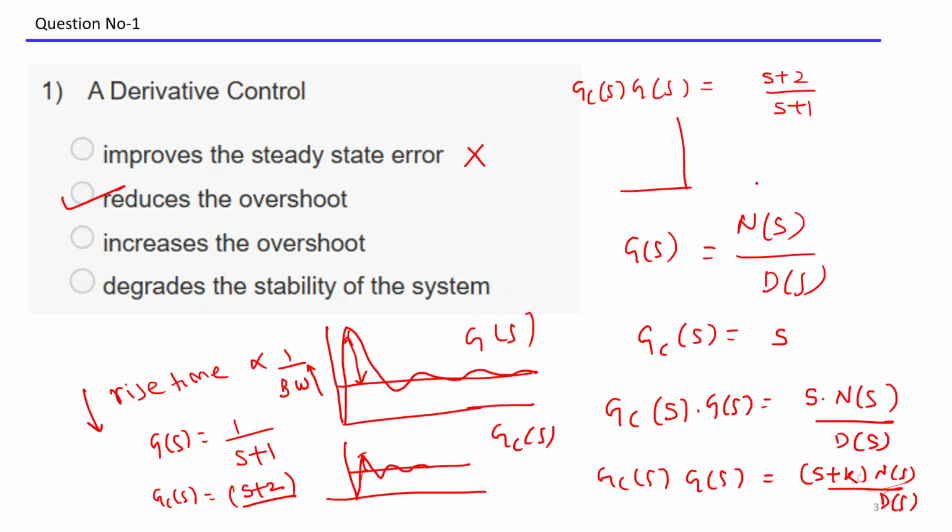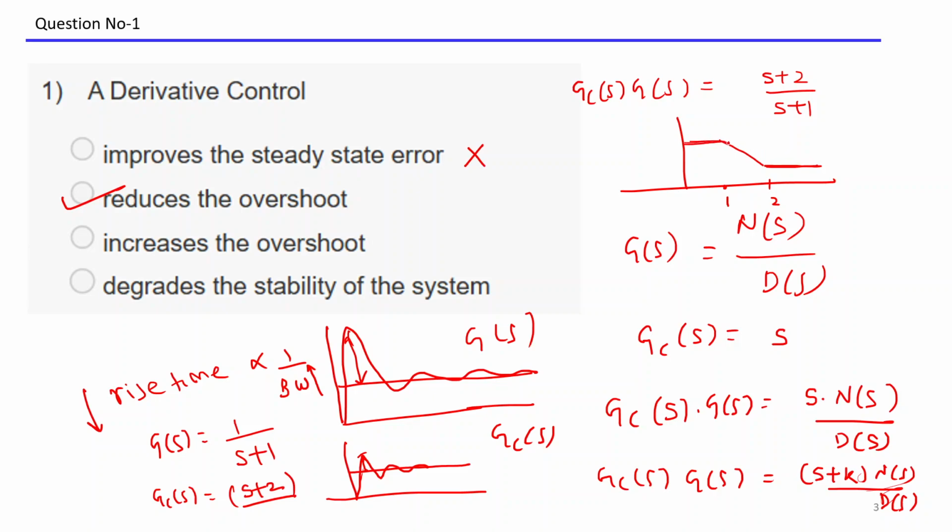If you do the Bode plot of the system, initially it is a constant up to some point, then you encounter a pole at the point 1, and it will decay at minus 20 decibel per decade. Then at the point 2, you add a zero, so that minus 20 and plus 20 cancel, and the slope will again be 0 decibel per decade.